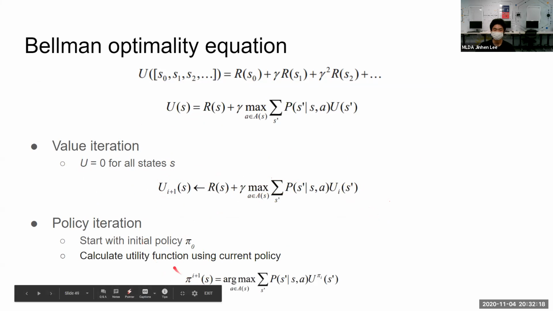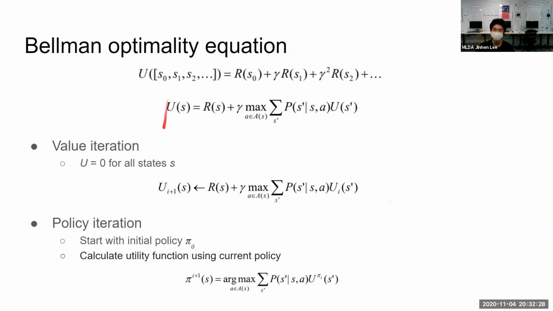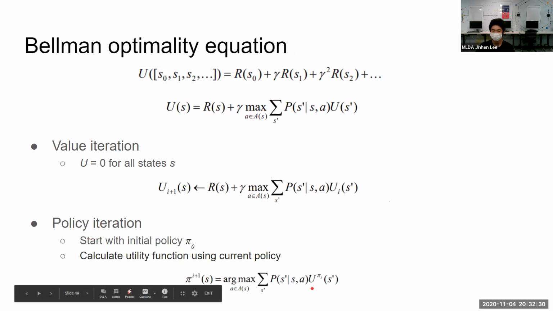For policy iteration, after you have an initial policy pi naught, you substitute it into this equation, evaluate this formula over here, and then carry out fixed point iteration over and over again.